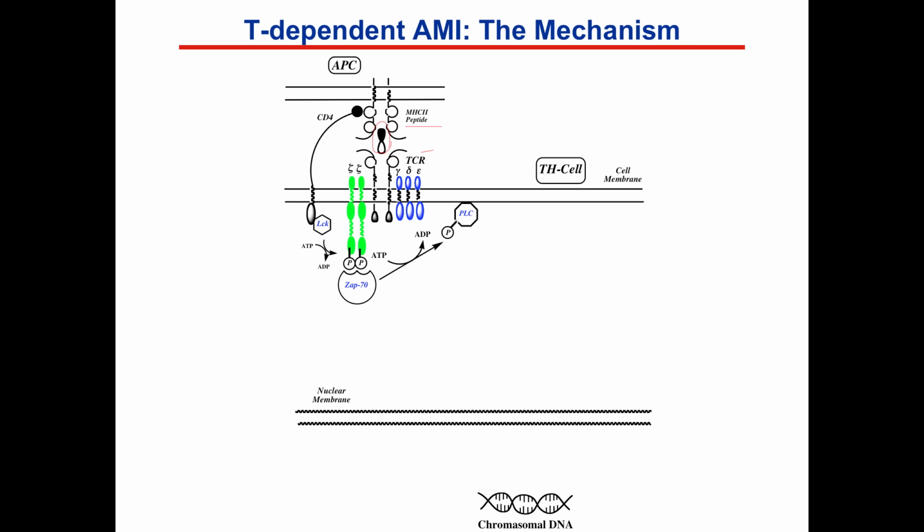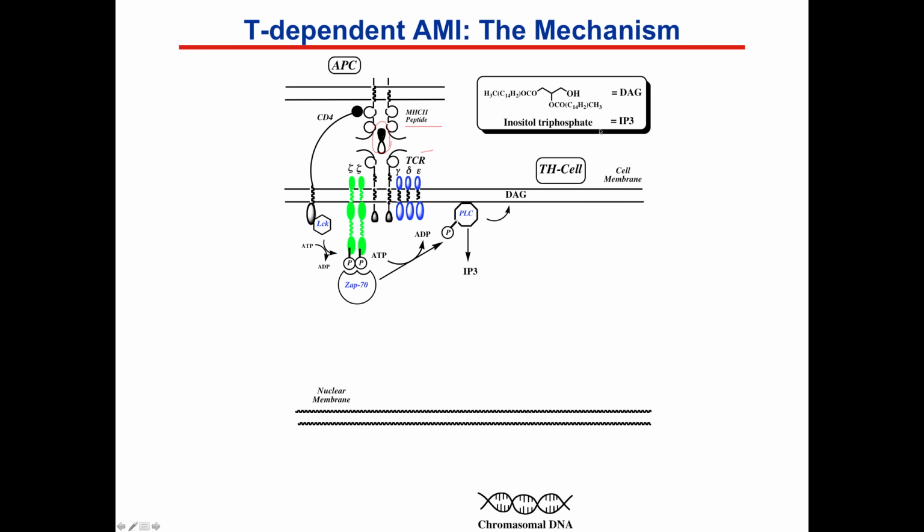PLC, phospholipase C, is associated with the membrane. It has regions that allow it to be associated with the membrane. And what it does is it converts the phospholipid, inositol phospholipid, into two molecules.